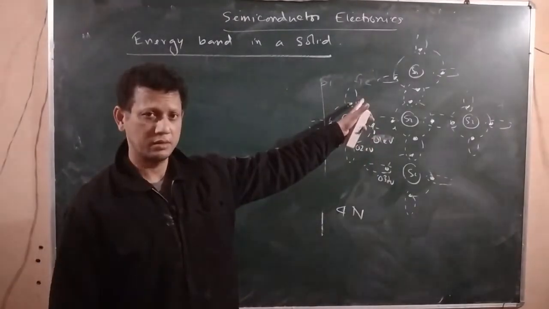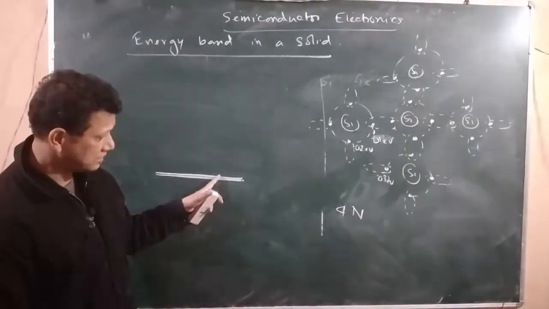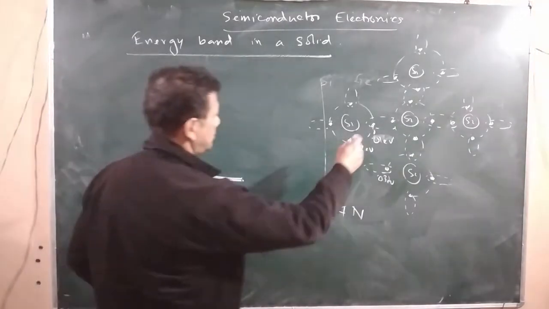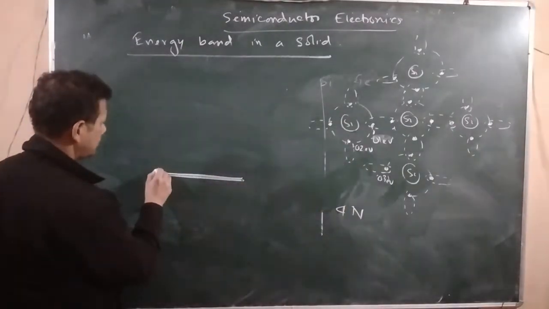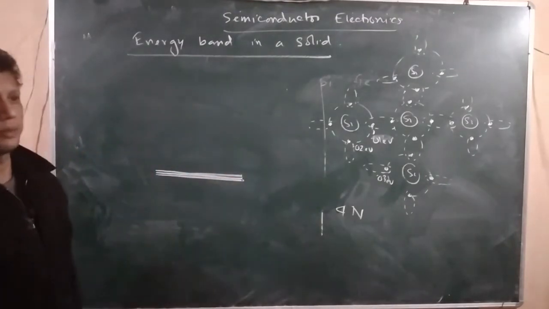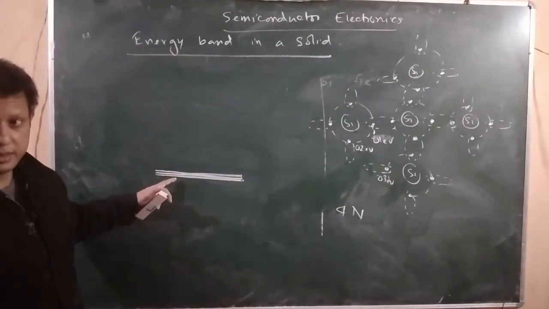So this was the first energy level of the valence electron, this was the second energy level of the valence electron. Similarly the third electron has its own energy level. These are all closely spaced energy levels, different for every electron.